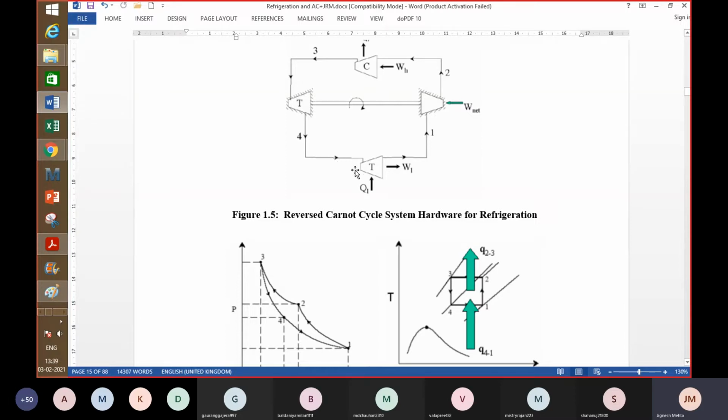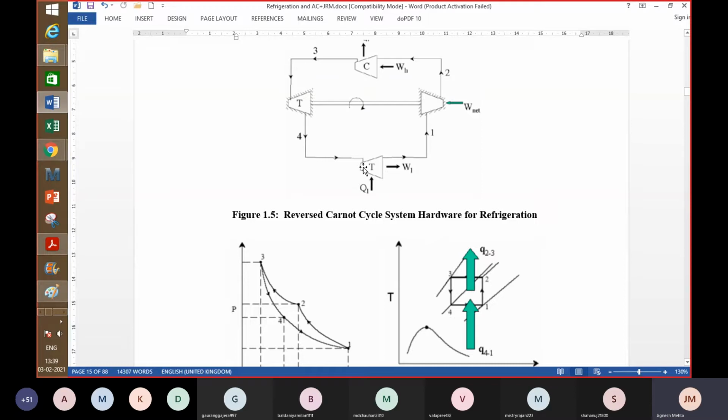Okay, and then the next process is again an isothermal expansion process. So isothermal expansion process 4-1 here on the PV diagram. Like here, as you can see, it's a horizontal line because it is supposed to be an isothermal process, with specific volume increasing and pressure decreasing.